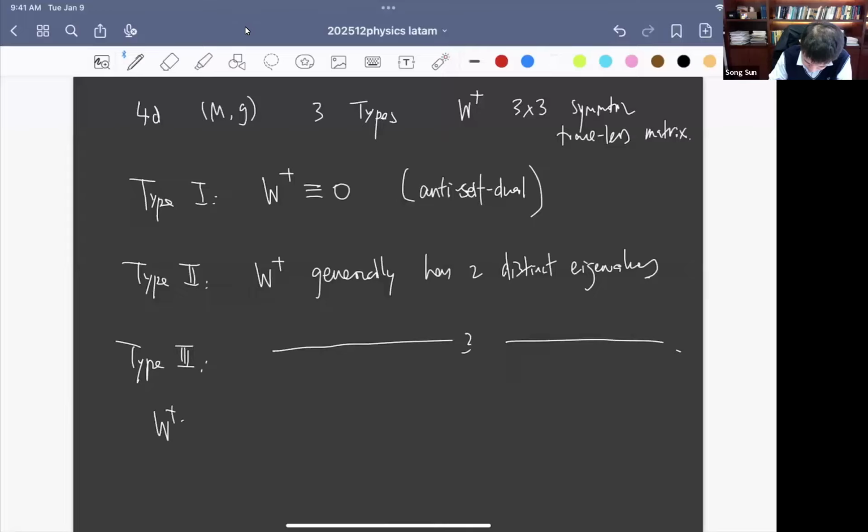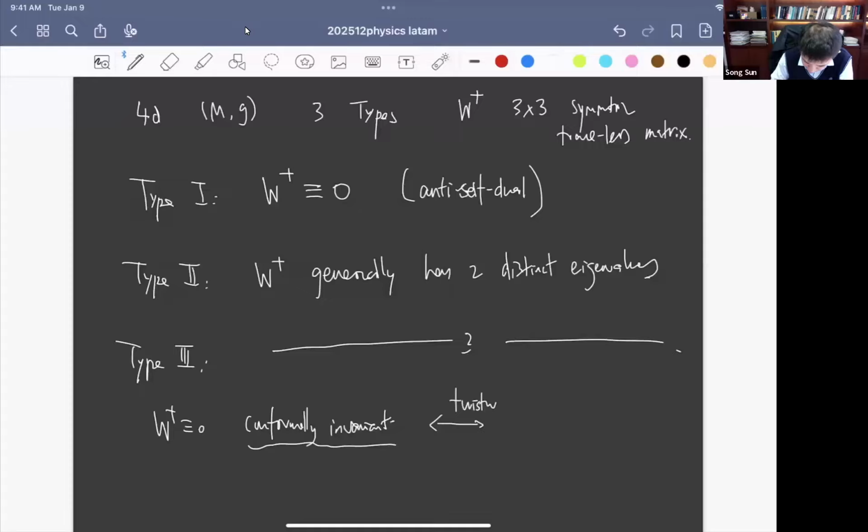W plus equals 0 is conformally invariant. But if you want the Einstein metric, then the Einstein equation is not conformally invariant, right? But this conformal invariant condition is very closely related to a theory of Penrose, twistor theory.